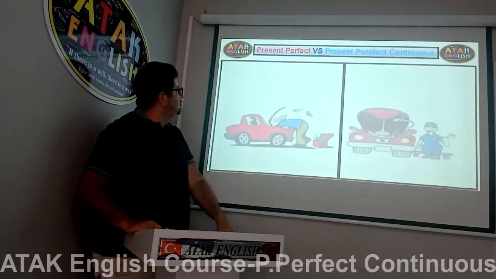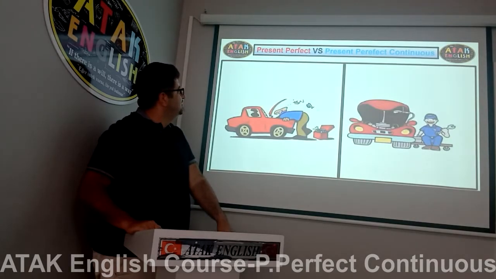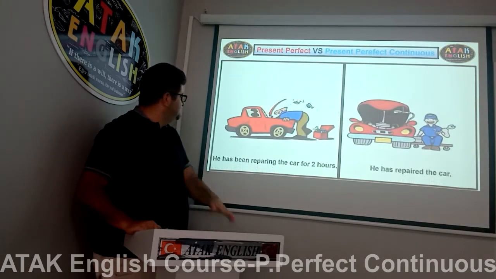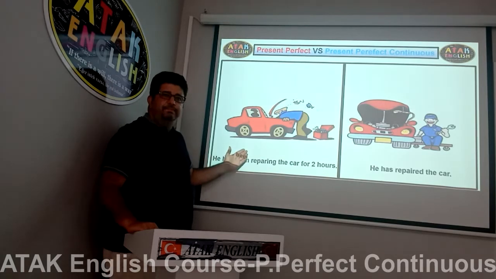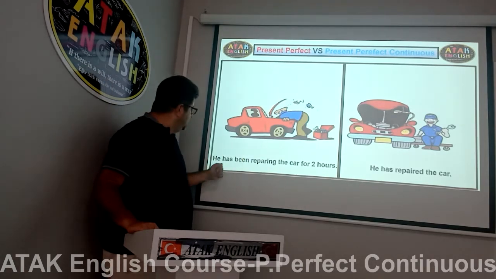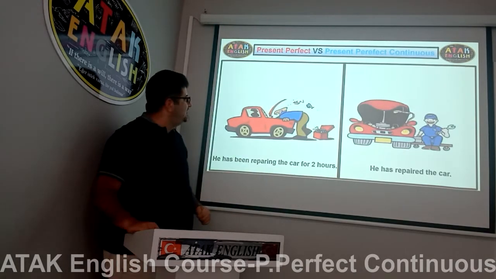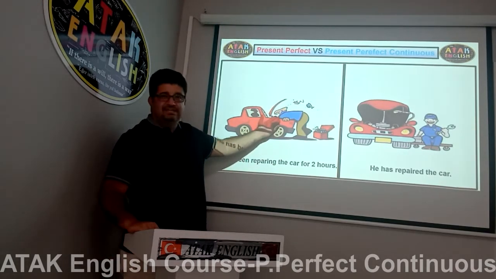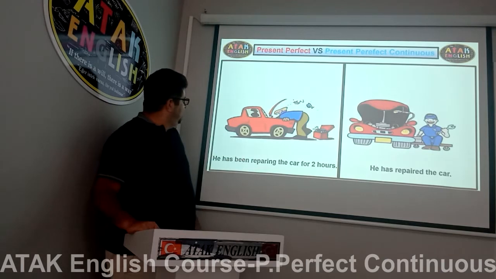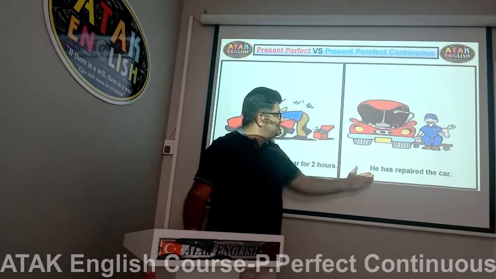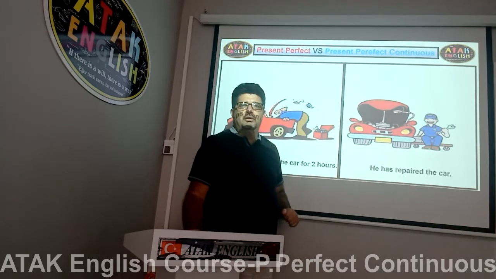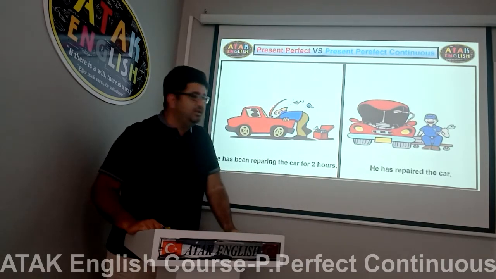Let's try to focus on another main difference between these two tenses. Here, on the picture on the left, he has been repairing the car for 2 hours. As you can see, his hat is in the car. He has repaired the car. Okay, what difference do you see between these two?